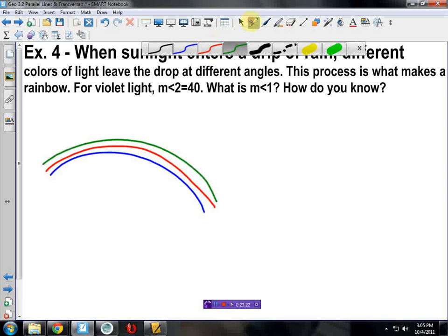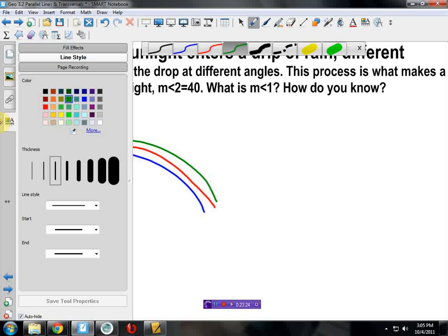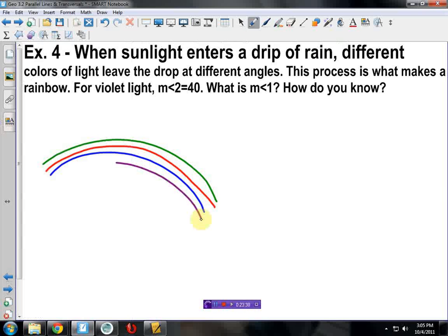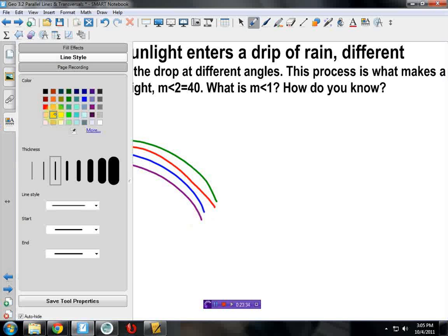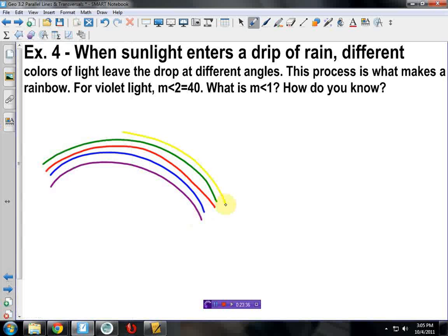And then purple, which I don't know how to make purple. We need orange too. Roy G. Red, orange. There we go. There's my rainbow, and I'm not going to do anything else to it.